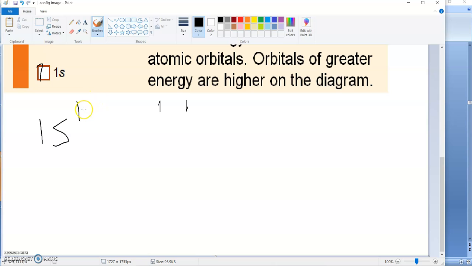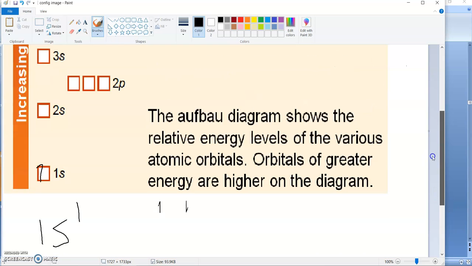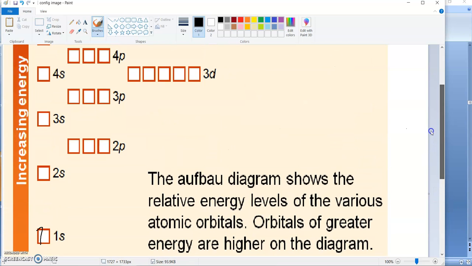In quantum mechanics, you don't read it that way. You read it 1s1. What it means is there's orbital 1s, and it contains one electron within it. So writing it that way is shorter than drawing out all the stupid arrows. Well, it's only one arrow here, but still, it's shorter than drawing the arrow.